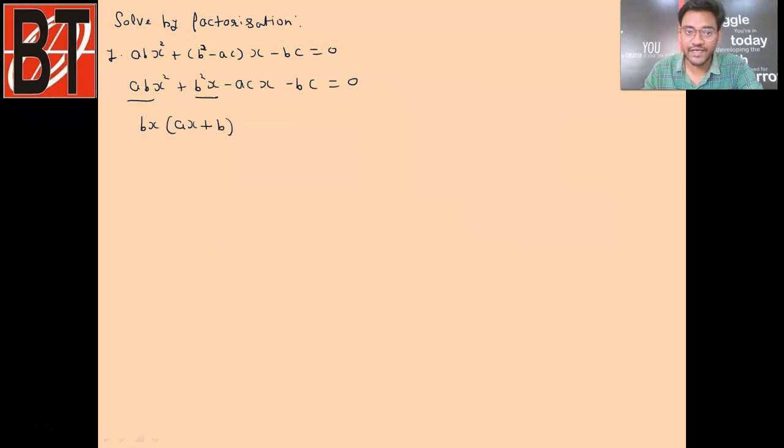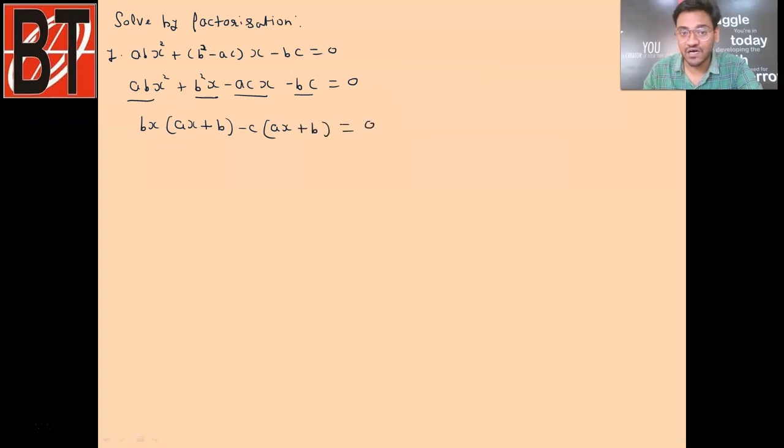Now students, if you check the next two terms, what you can observe, what is common in these two? I guess minus c is common. If you take minus c common, students, the sign in the bracket will get changed. Because you take the minus c common, inside the bracket the sign will be plus, so ax, and also it is plus b.